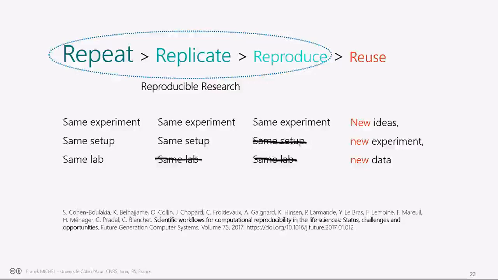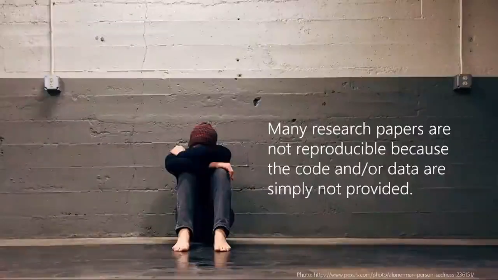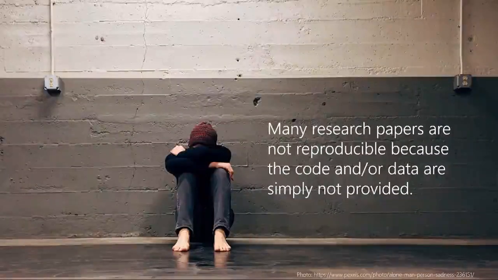Now that we've cleared up some vocabulary issues, what is the problem really? What are we talking about when we talk about reproducibility? You yourself may have been in the position of a researcher trying hard to reproduce the results in an important paper that they want to base their work on, but it's hardly possible to do it.